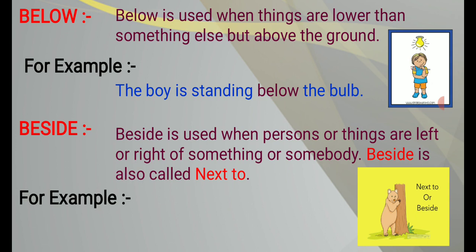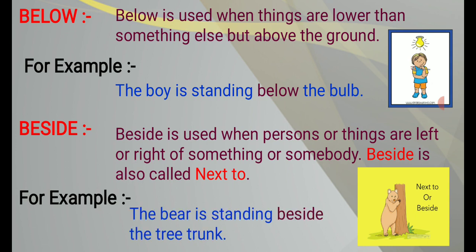So what will be the sentence of this picture? The bear is standing beside the tree trunk, because the bear is touching the tree trunk, right? The bear is touching the tree trunk by the left side. It is next to the tree trunk.